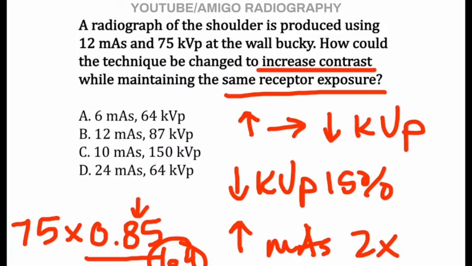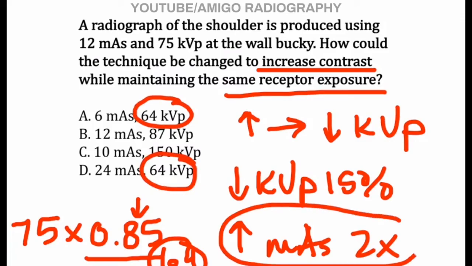It's just a shortcut for producing a number that is 15% less than the original number. So the original kVp multiplied by 0.85, which is the same as subtracting 15%, equals 64. So we have two options that give us 64 kVp. Now we need to find an option that increases our mAs by double. Our original mAs was 12, so 12 times 2 is 24. So we know the correct answer must be D.